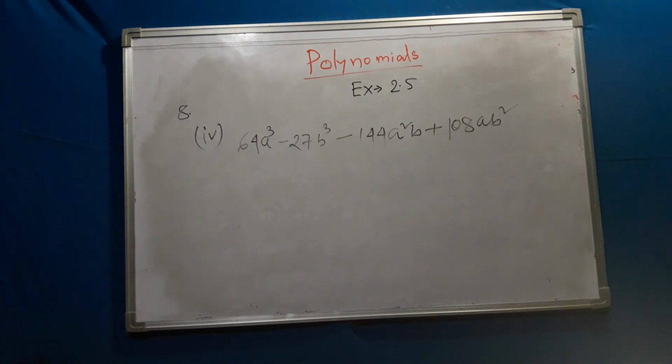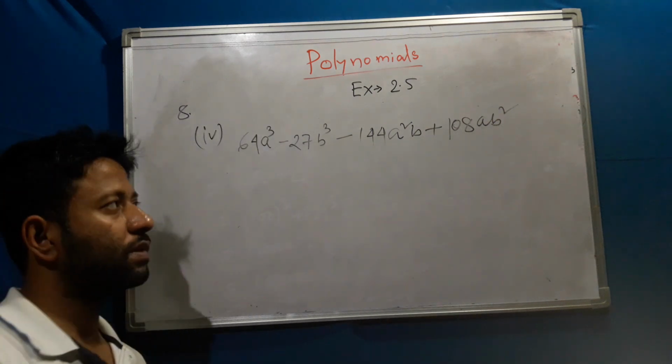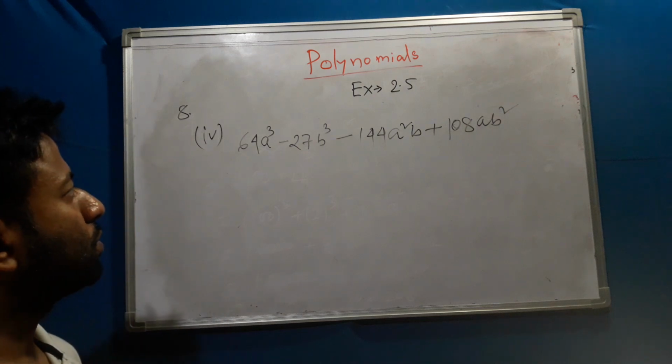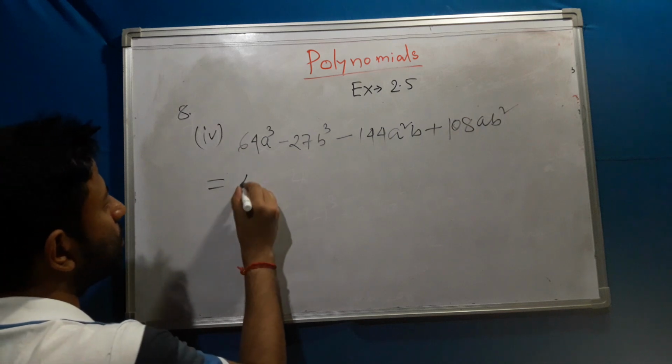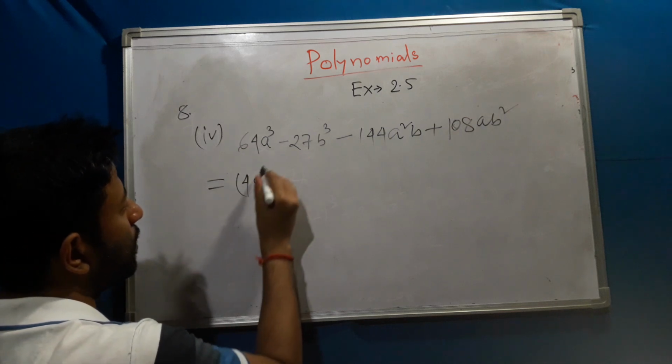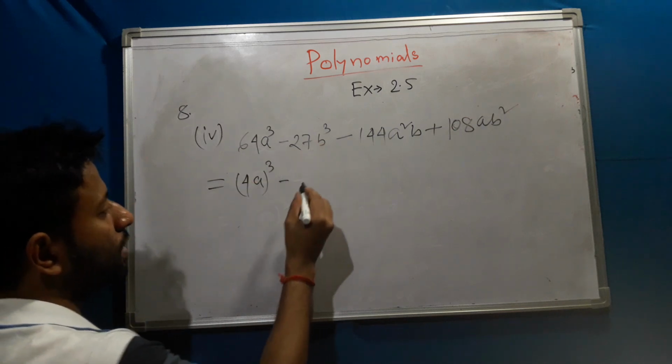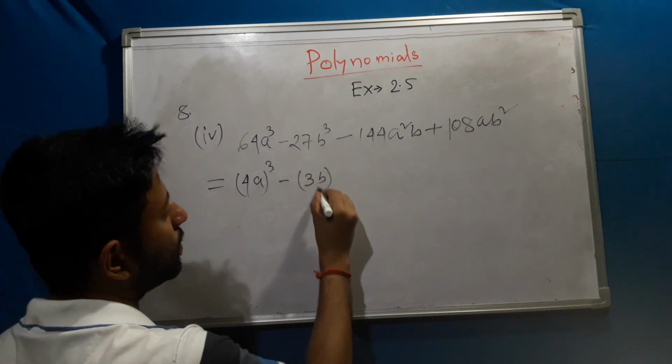Okay, this is the question. In such cases, I have to first identify which one is a and which one is b. So you write this one as 4a whole cube, minus this one I can write 3b whole cube.